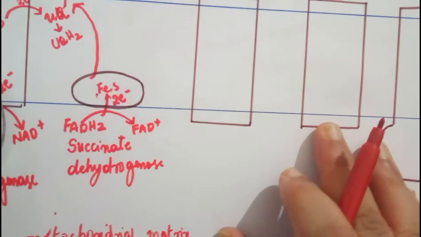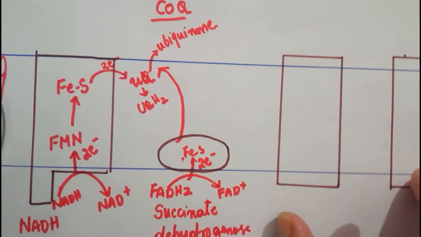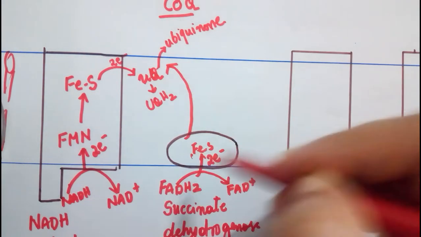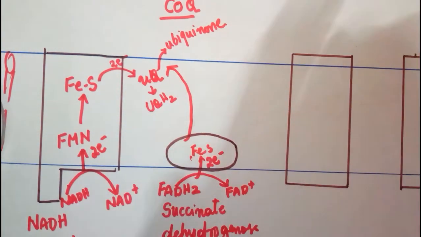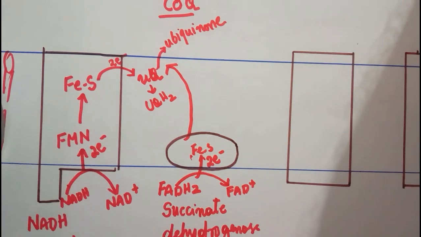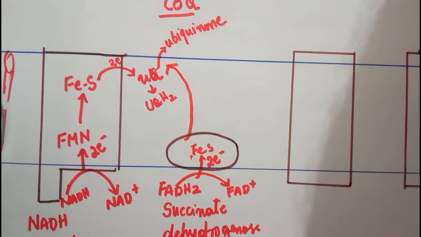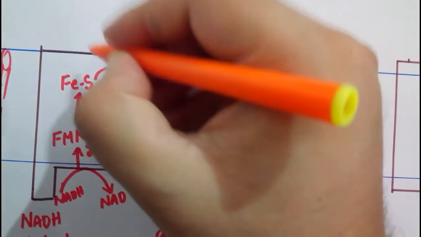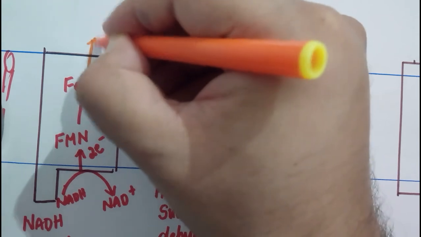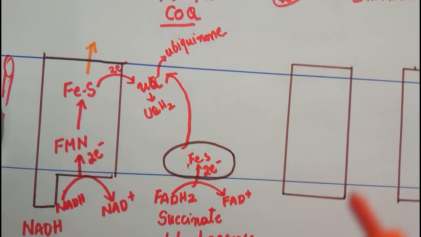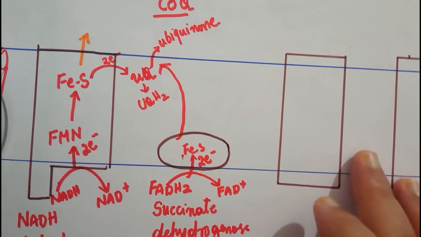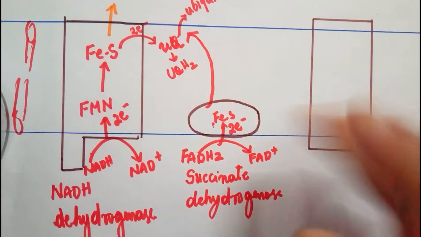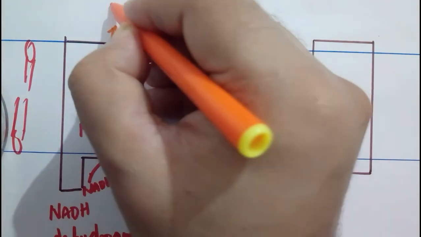Now for every two electrons passing from NADH, from complex 1 to ubiquinone, remember four protons will move from the mitochondrial matrix into the intermembrane space.